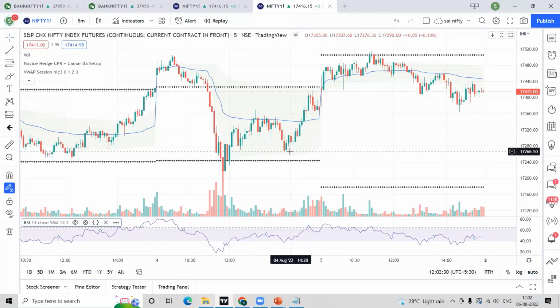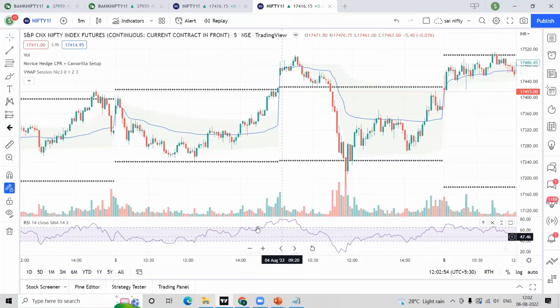Then I am also going to use RSI. Because I said previously, options buying needs trend and momentum. Through the previous day high and low, we identify the trend. Through the RSI, we can analyze the momentum factor.